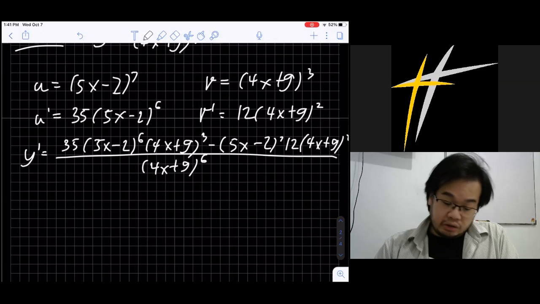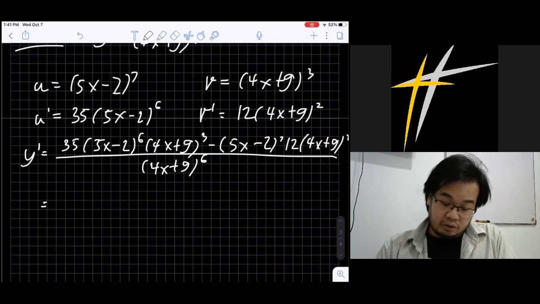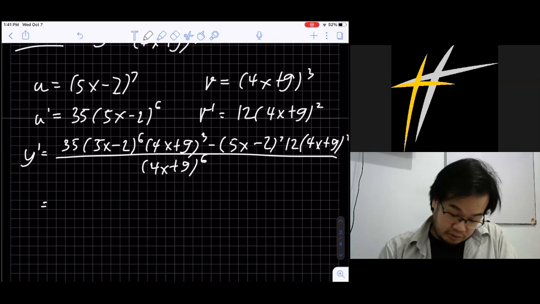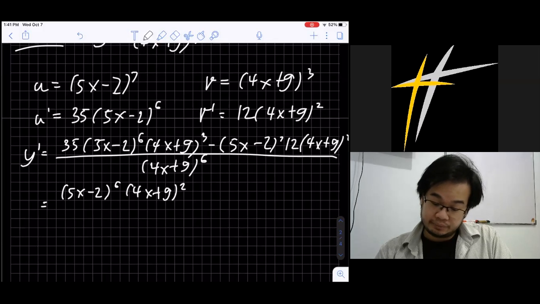Okay, so let's factor out the numerator. Is there any common factor for 12 and 35? No, there is no common factor. The common factor is (5x minus 2) to the power of 6 and (4x plus 9) squared.